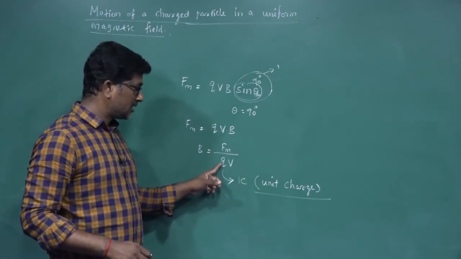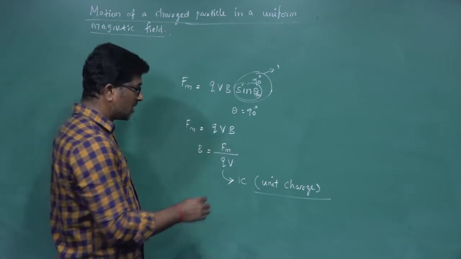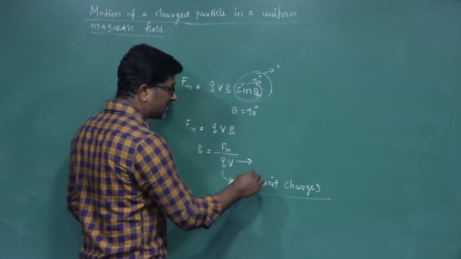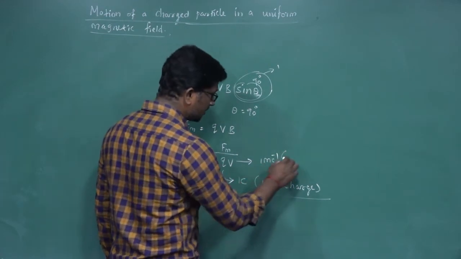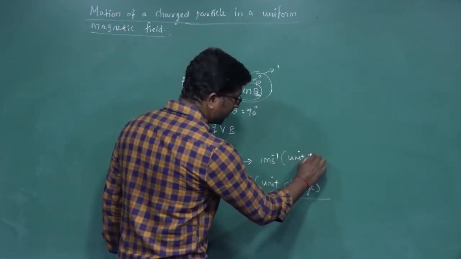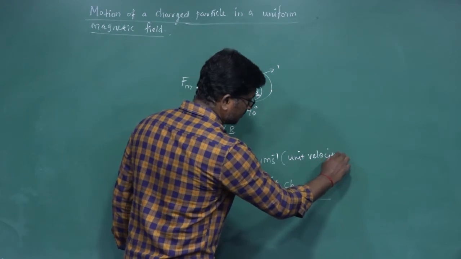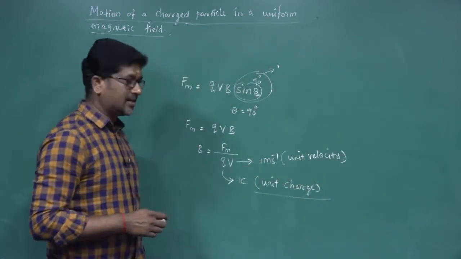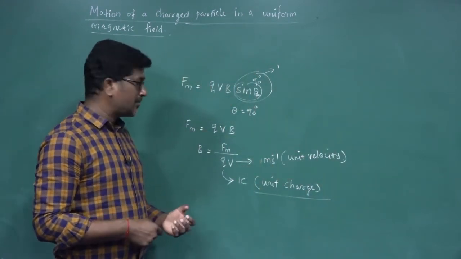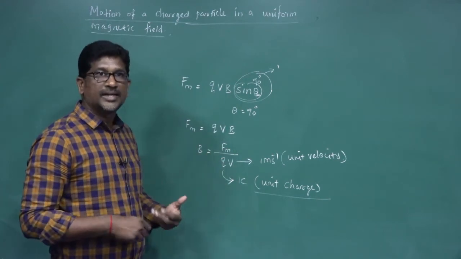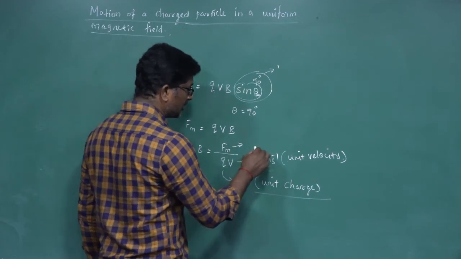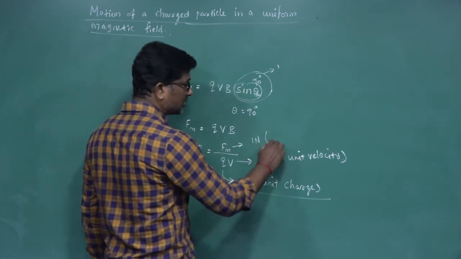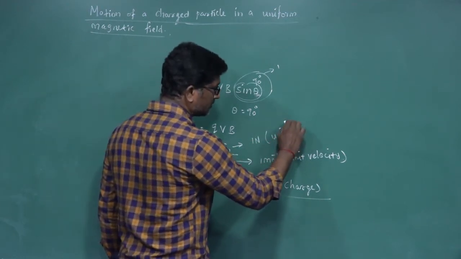Suppose here the charge is a unit charge, and it is moving with a velocity of 1 meter second power minus 1. So this velocity is called unit velocity. Under the influence of the magnetic field, suppose the charged particle experiences a magnetic force whose magnitude is 1 Newton, that is unit force.